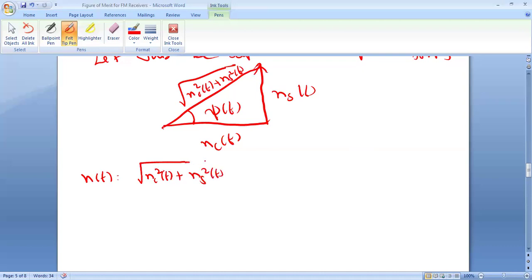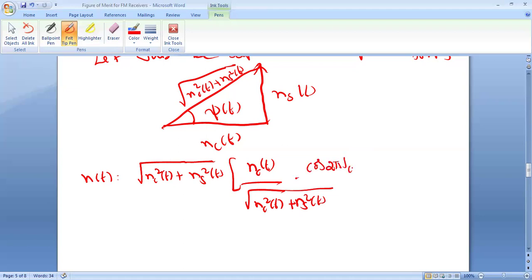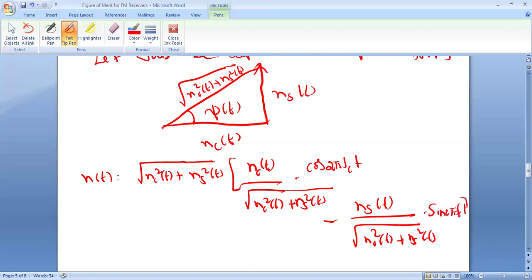root of nc squared(t) plus ns squared(t). We divide and multiply nc(t) by root of nc squared(t) plus ns squared(t), into cos 2 pi fct, minus ns(t) by root of nc squared(t) plus ns squared(t) into sin 2 pi fct. If you observe clearly, the term nc(t) by root of nc squared(t) plus ns squared(t) indicates adjacent side by hypotenuse.